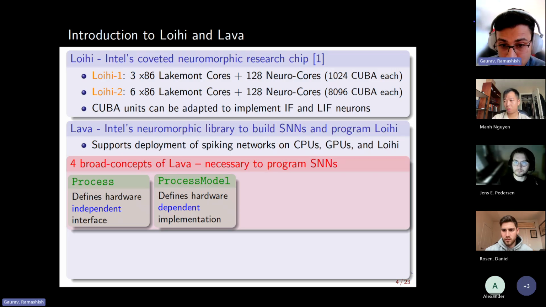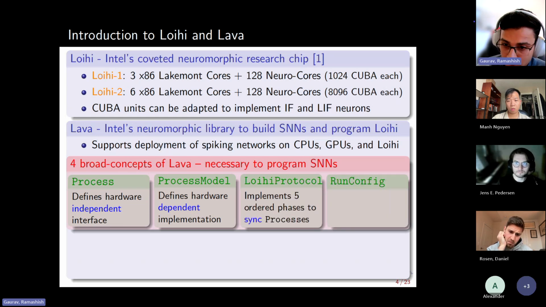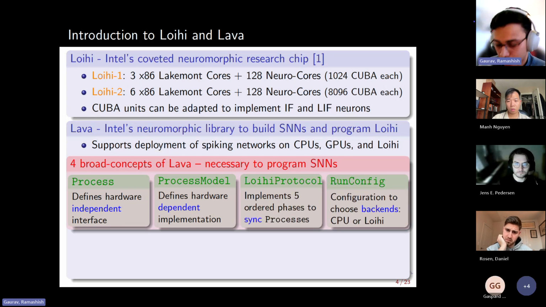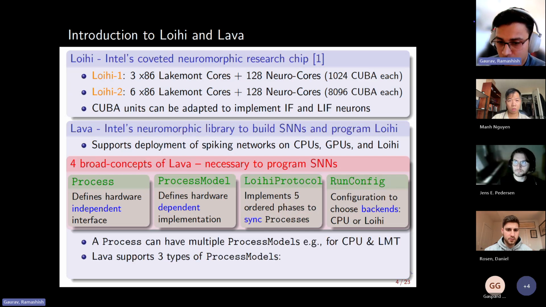Then the Loihi protocol, which consists of 5 different ordered phases to synchronize the processes. Then you have the run config, which is a configuration to choose the backend for the deployment of your SNN. That could be a CPU or Loihi or the neuro cores. So a process can have multiple process models, as many of us would know.